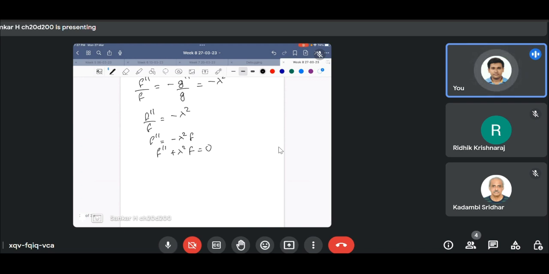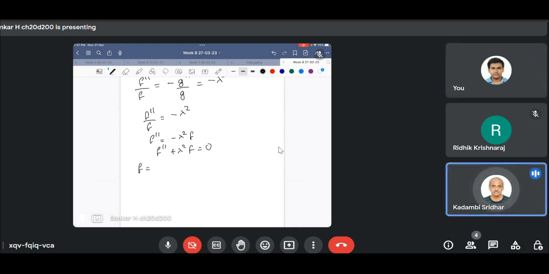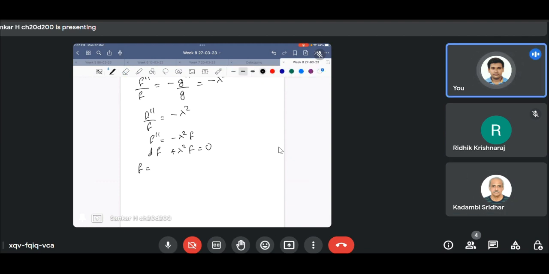What would be the solution over here? Oh, this we got to use the characteristic equation. Exactly. So this would be d square f by dy square plus lambda square f equal to 0. Therefore, d square plus lambda square times f is equal to 0.